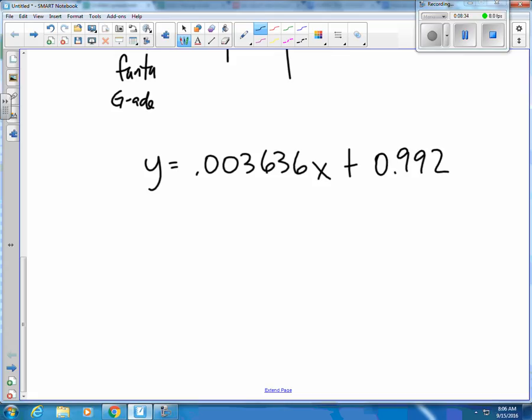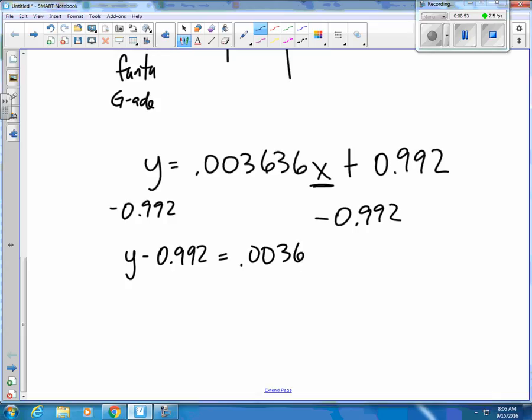We want to isolate this x, so we go minus 0.992. y minus 0.992 equals 0.003636x. And now we just divide by 0.003636 on both sides.